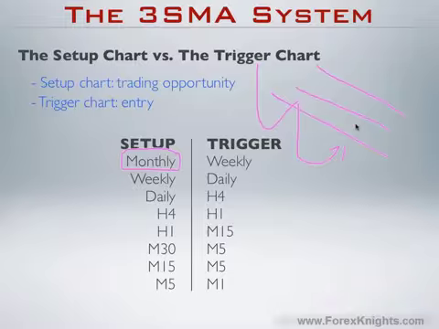When price retraces back to the dynamic area of support and resistance, you want to be zooming into the weekly time frame in order to nail down the bounce point, in order to read the bounce as accurately as possible. So instead of entering there, you hopefully will be able to enter the trade just a little bit earlier. That's the only use we are going to have of the trigger chart.